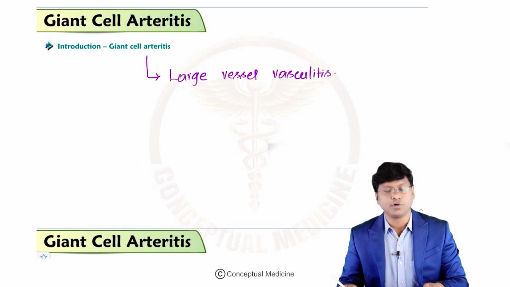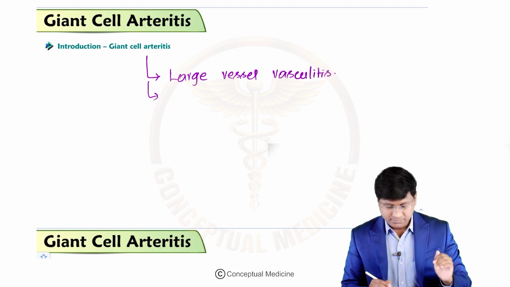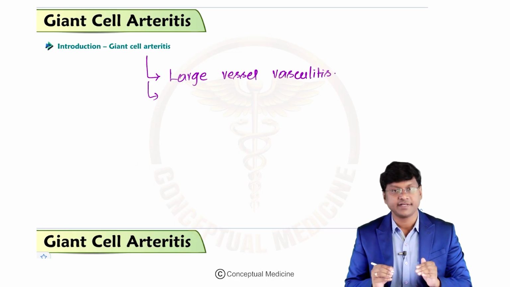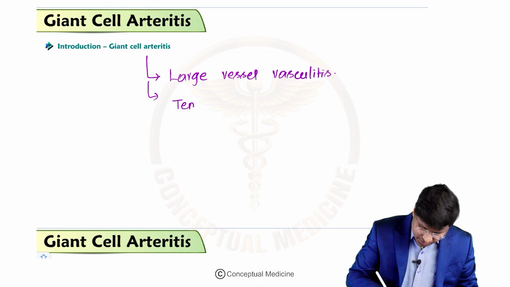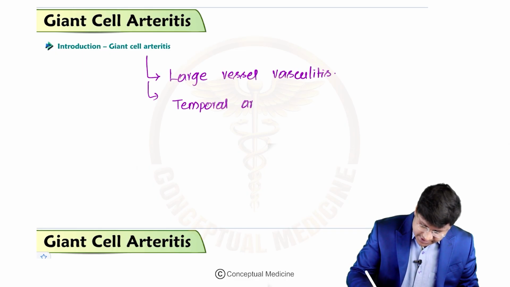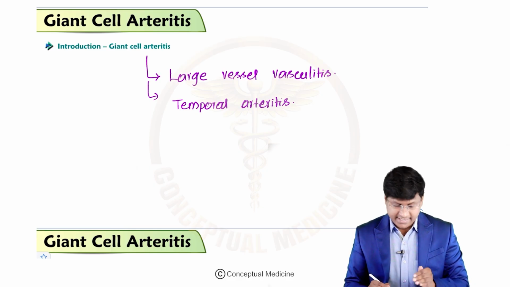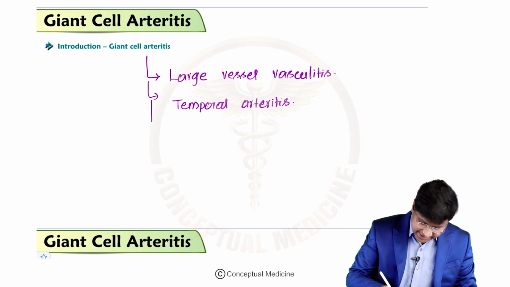In these patients, the most common vessel affected is the temporal artery, and that is the reason why this is called temporal arteritis.